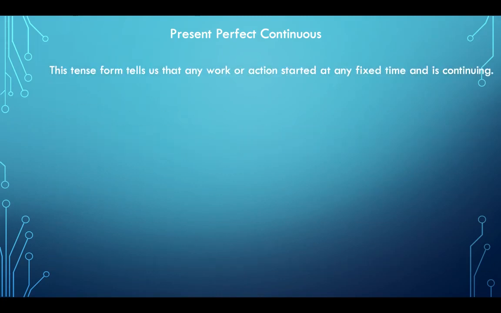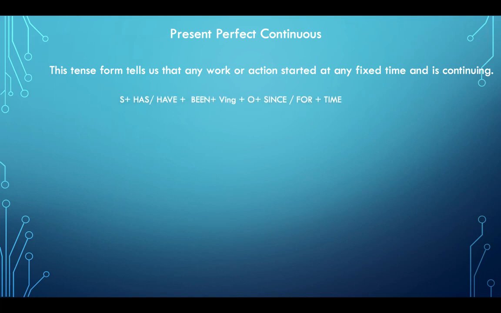Okay, let's take the definition. This tense form tells us that any work or action started at any fixed time and is continuing. The particular fixed time or period, you are aware of it, but the work or action started at that fixed time. ठीक है, एक फिक्स टाइम पे वो वर्क और एक्शन स्टार्ट हुआ, but the work or action is not complete. It's still going on.